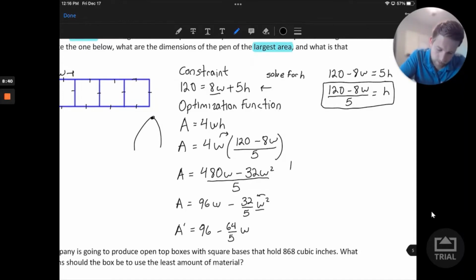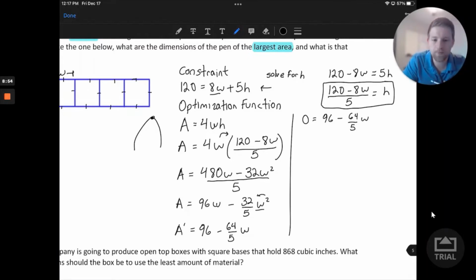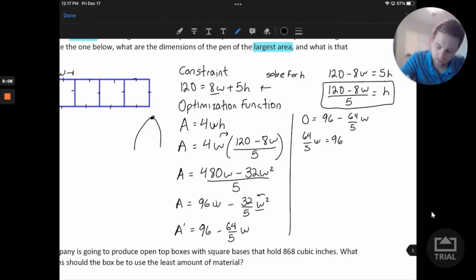So let's go ahead and set this equal to 0. Do that in the second column here, and say that 0 is equal to 96 minus 64 over 5 times w. Go ahead and solve this for w. We have 64 over 5 w is equal to 96, and we could multiply here by the reciprocal, 5 over 64, to get our final solution.